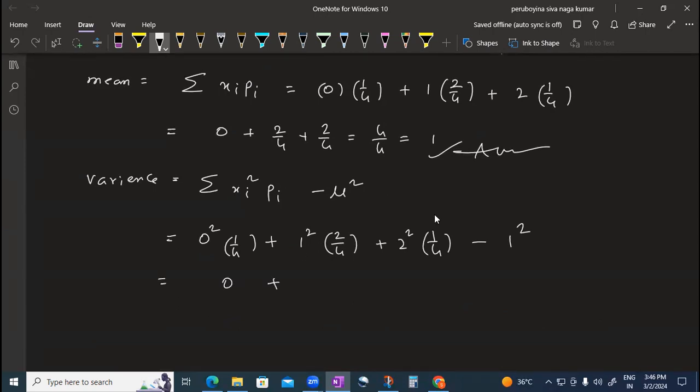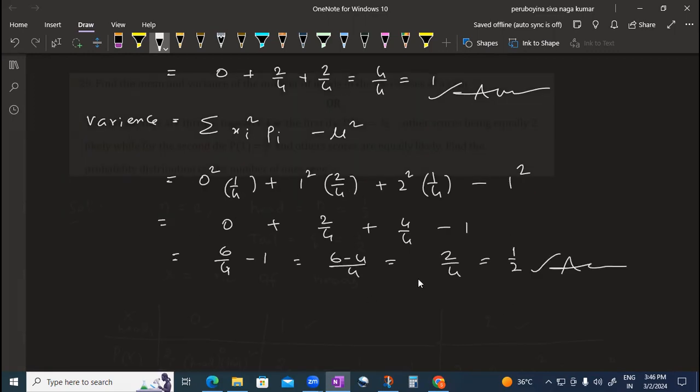So this is 0, this is 2 by 4, this is 4 by 4, minus 1. So 6 by 4 minus 1, that is 6 minus 4 by 4, which is 2 by 4, that is 1 by 2. So this is the variance.